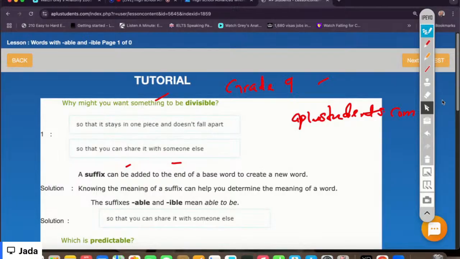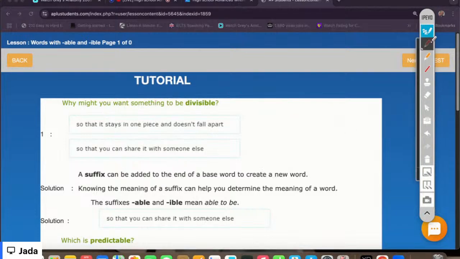Alright, so we will start now. A suffix can be added to the end of a base word. Once you add the suffix to the end of a base word, it creates a new word.